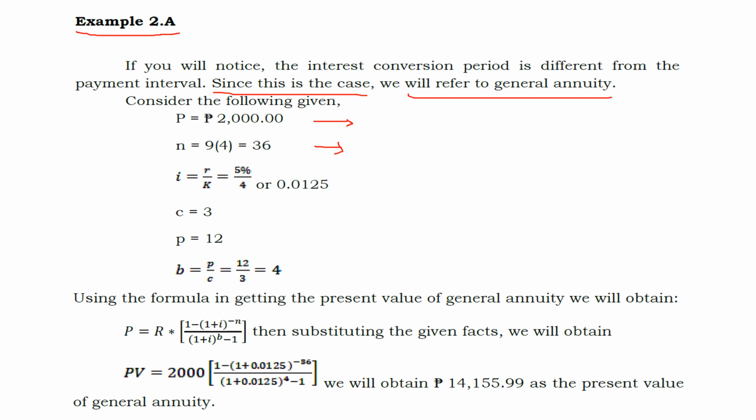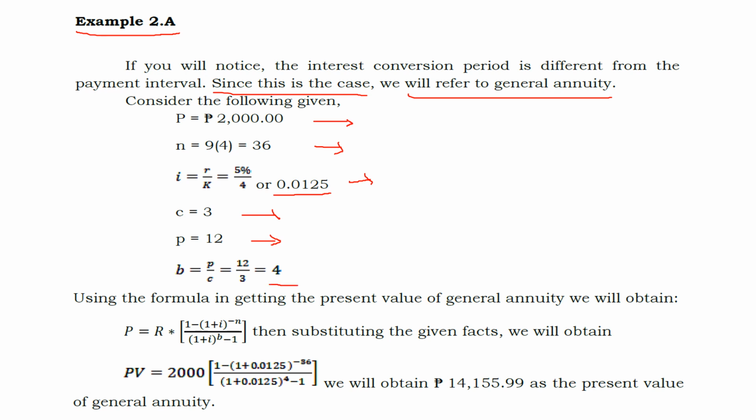I is 5% over 4, because it is compounded quarterly, that's why we need to divide by 4, so it becomes 0.0125. C is 3, since it is compounded quarterly. P is 12, because the payment period is every year. B is equal to P over C, which is 12 over 3, or simply 4.